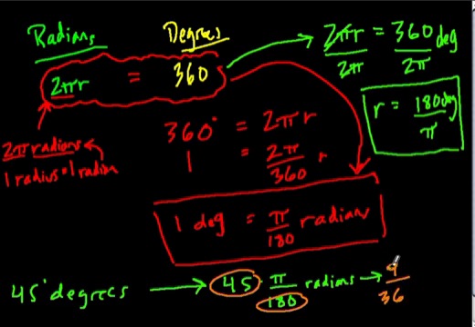And again, 9 and 36 both have 9 in common. Before I even write anything further, I'm going to divide these by 9. I get 1 over 4. And the answer here is 1/4 pi radians.